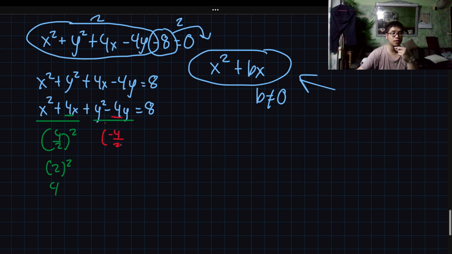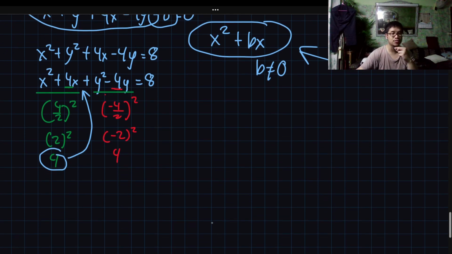Negative 4 divided by 2 is negative 2. Then square it, you have 4. So what's the result? Since you have 4 as the result of completing the square for x squared plus 4x, that means you will have plus 4 minus 4.